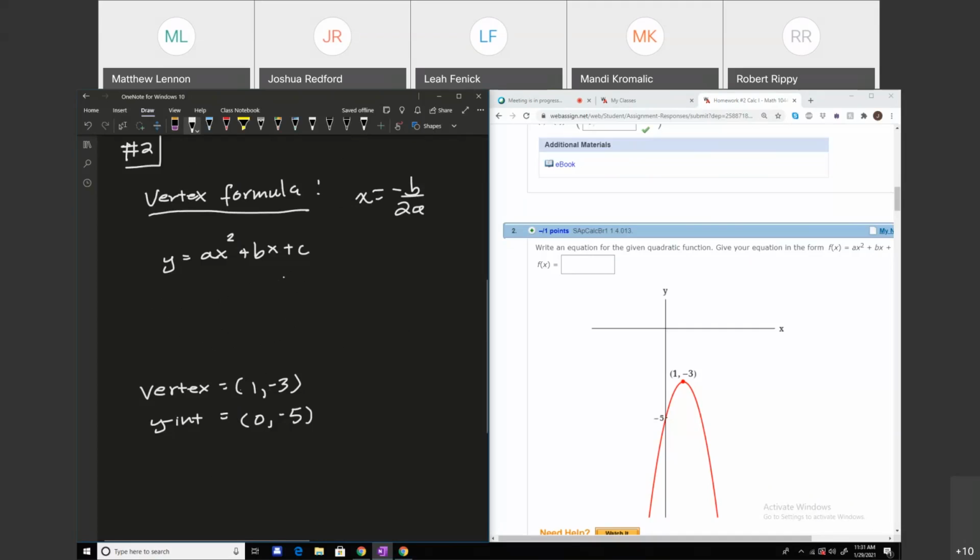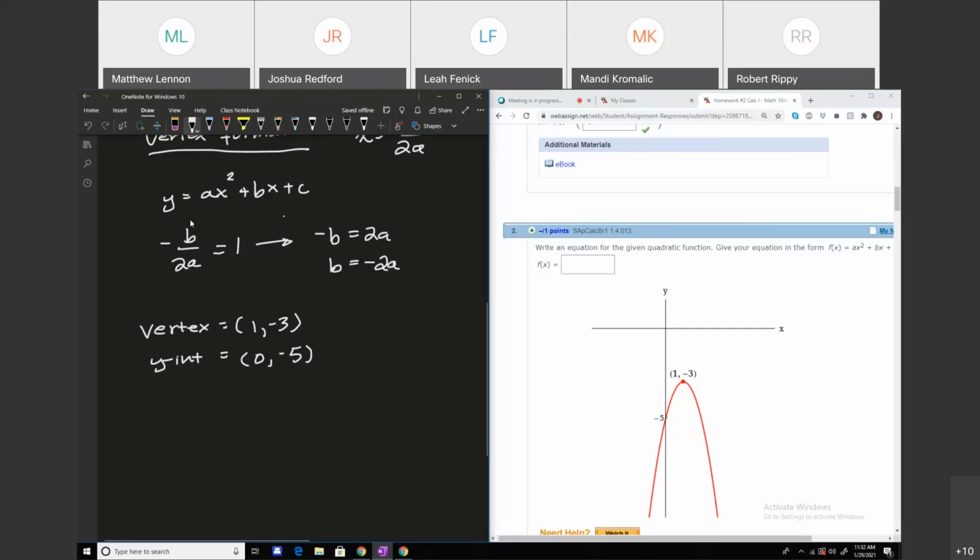So we know that x coordinate is 1, right? So we know negative b over 2a is equal to 1. So that means negative b is equal to 2a, or b is equal to minus 2a. Does that make sense?